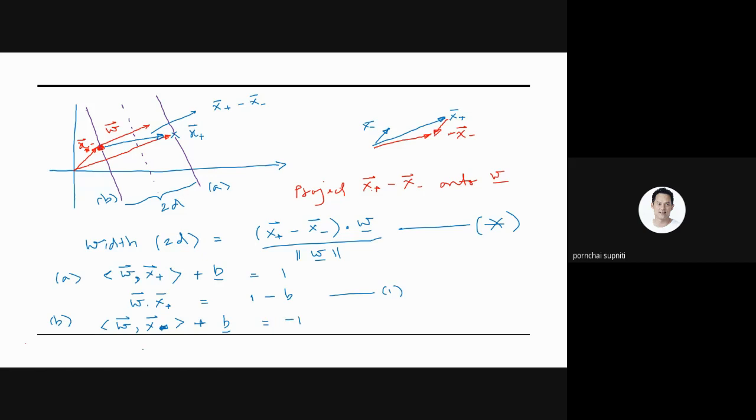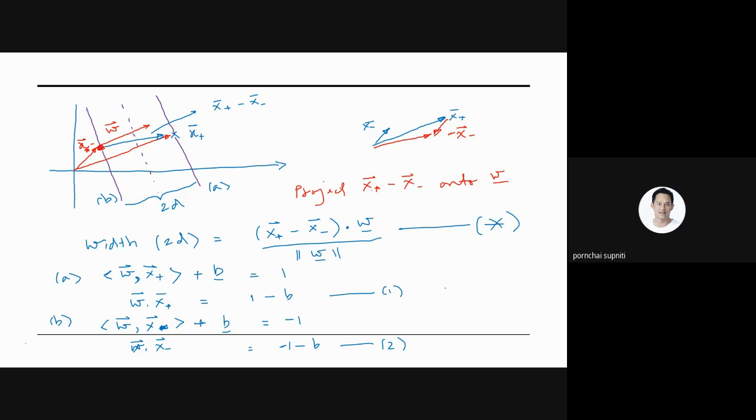So this one I'm going to have W dot x minus equal to minus 1 minus b. Okay, so I have these two equations from the line on the left and the line on the right.